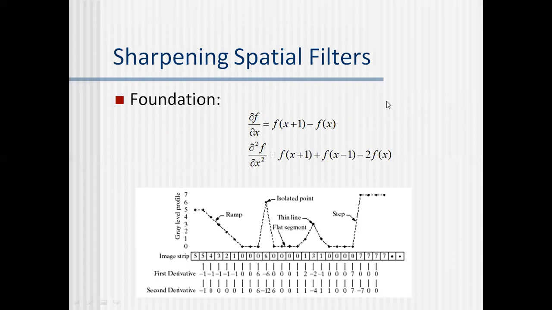Next, the second order differentiation should be dou square f by dou x square. That means dou f by dou x into dou f by dou x means dou square f by dou x square. So left hand side f of x minus 1 minus f of x.